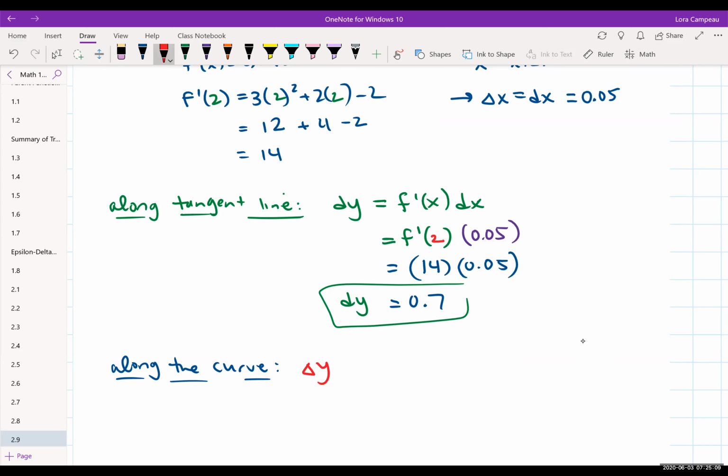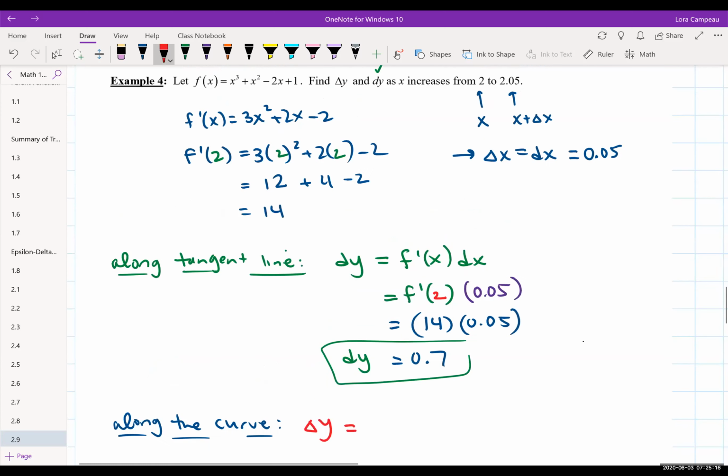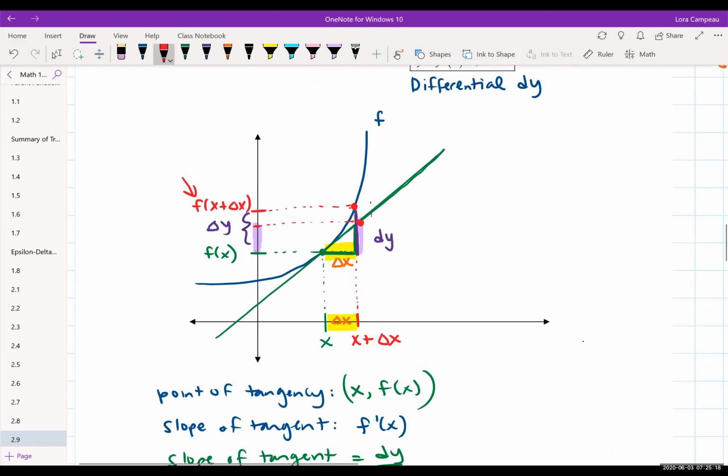If you go back to our picture, delta y is the value of the function at the end, minus the value of the function at the beginning, all based on x and x plus delta x.